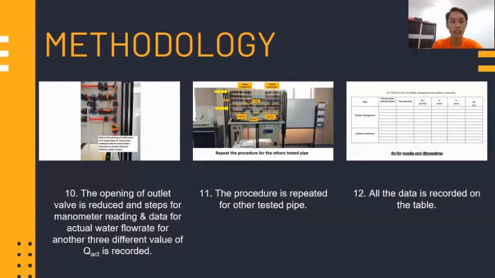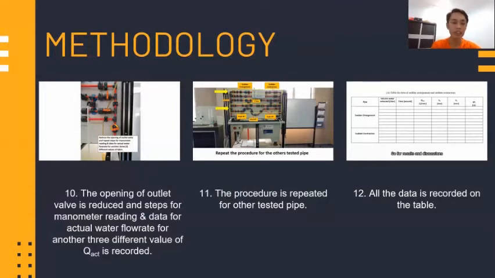Next, the opening of the outlet valve is reduced, and the steps for manometer reading and data for the actual water flow rate are recorded for another 3 different values of Q. Next, the procedure is repeated for another tested pipe.